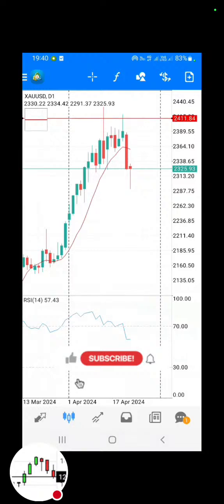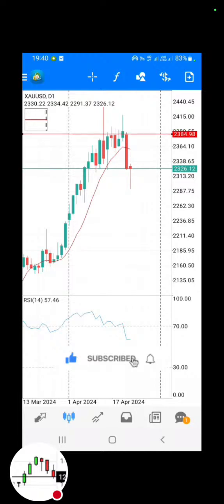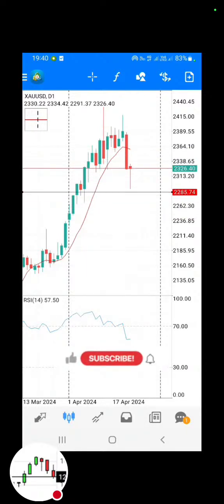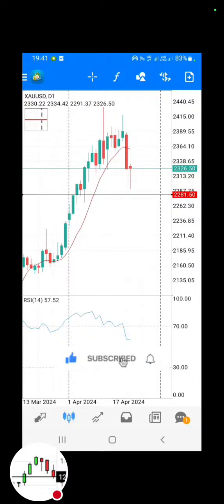You can see on the screen we did have a type of shooting star. After that, we have a very big bearish engulfing candlestick. So any pullback from the moving average could be a potential selling opportunity. I think the target will be somewhere around here, and this is going to be a very good target for the market in the future.